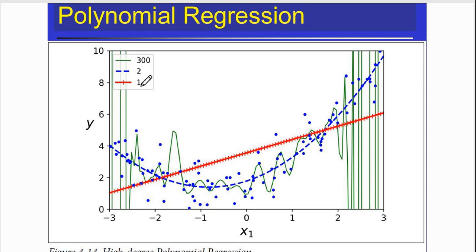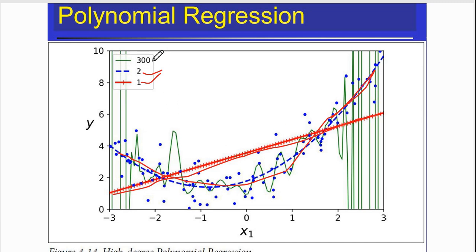If we take degree equal to 1, we get a line like this. If you observe this line, the majority of the points are not near this line. If degree equal to 2, some of the points are within this curve and some of the points are far away from this curve.